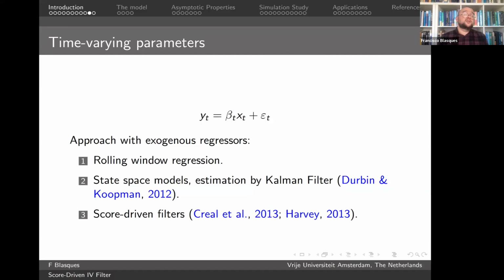One can also use filtering techniques like Kalman filters and their derivatives. And there are quite a few out there. The one that we will discuss today is score-driven filters. So we will apply a score-driven filter to try to keep track of that time-varying beta_t, essentially.